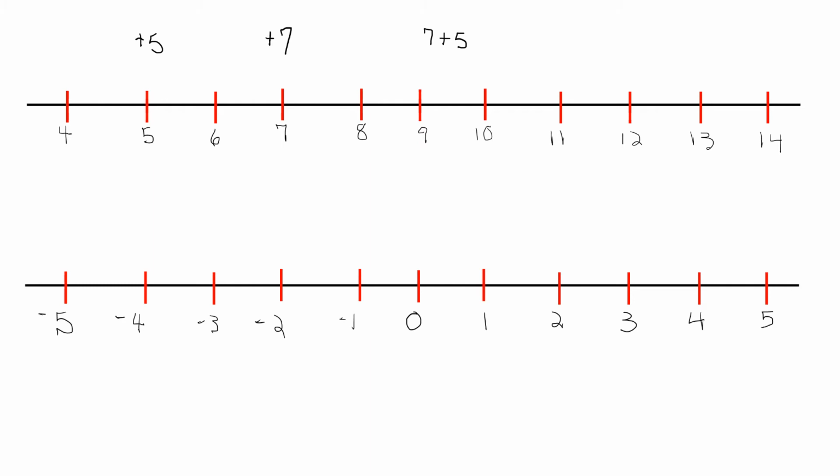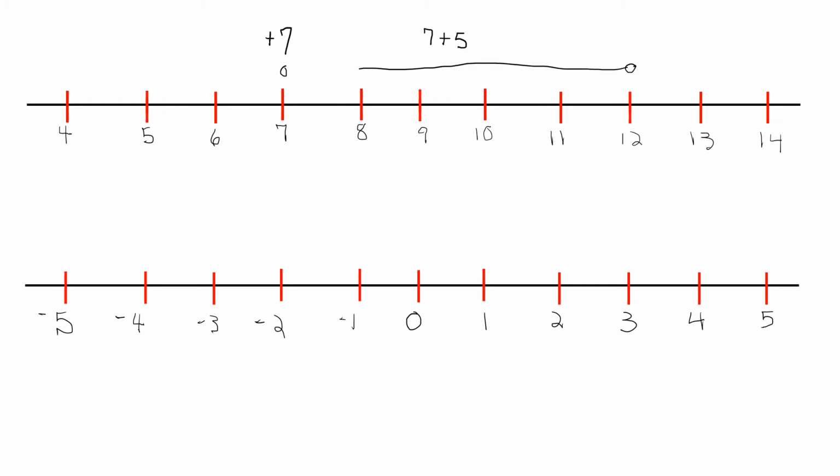All right, so 7 plus 5. Let's see what we got here. 7 plus 5 units: 1, 2, 3, 4, 5. 7 plus 5 equals 12.